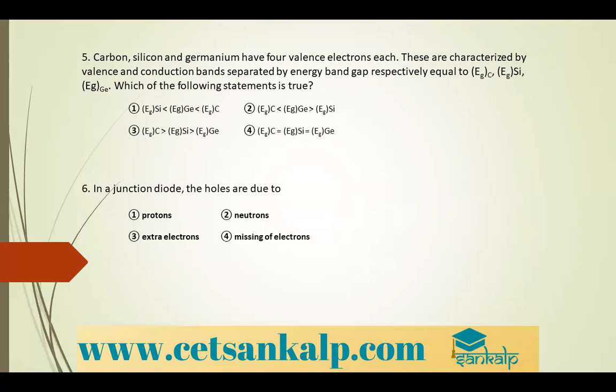They are characterized by valence and conduction bands separated by energy band gap respectively equal to, e.g., energy gap in copper, silver and silicon and germanium. Which of the following statement is true? So directly, we can say carbon is greater than silicon, silicon is greater than germanium. So option 3.